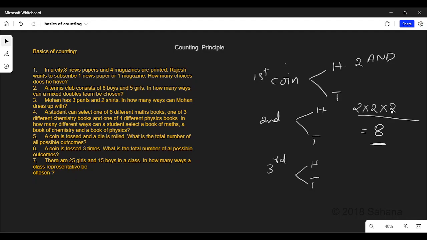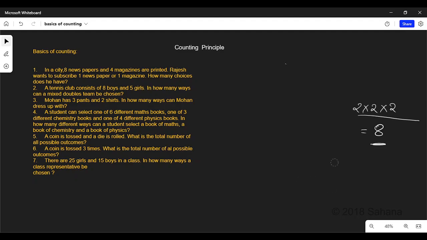So it is 8. The last question: there are 25 girls and 15 boys in a class. In how many ways can a class representative be chosen? I want to choose a class representative.